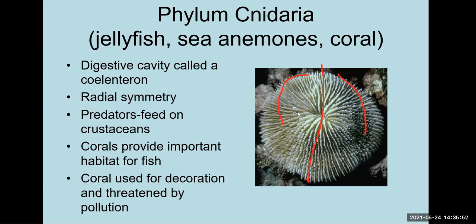Yeah, some of these corals are used as decoration when you go to some houses, some museums. Yes, these are decorations of corals. And some are threatened by pollution. We have the water pollution. So this is what it is.